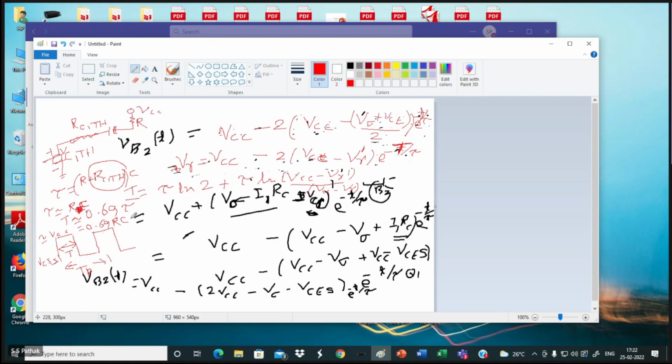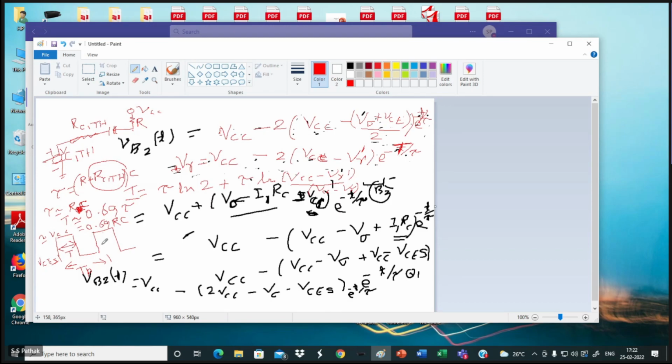So the width of the pulse during which the flip-flop is changing the state will be given by 0.69 into R into C. Which R? That was connected from the base of the second transistor to VCC. That R was connected to the capacitor also at the same end. So that way I can design what should be the width of it.